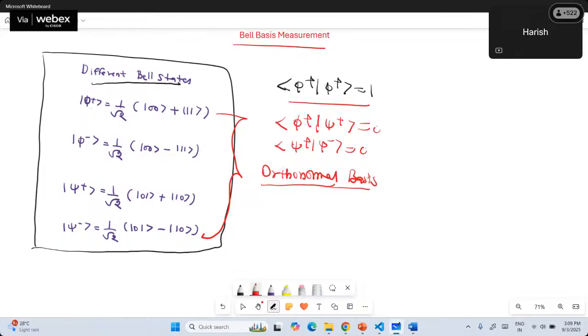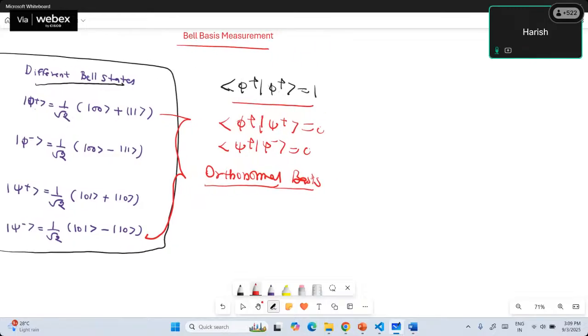Any two qubit state we can represent, but generally in the computational basis or Z basis, we denote a two qubit state psi 2 like this: alpha times 00 plus beta times 01 plus gamma times 10 plus delta times 11.